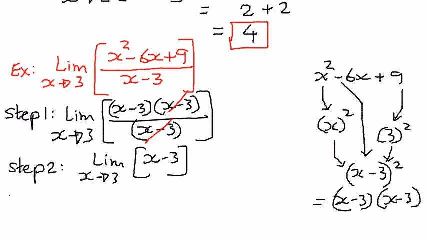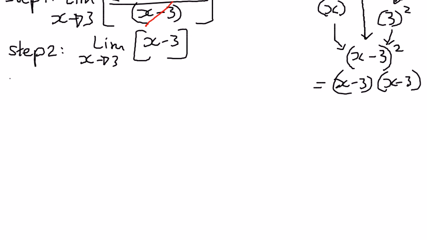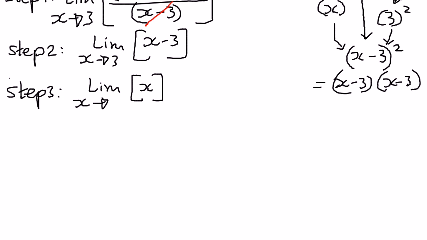So we can now write it out as individual limits and then find the value. As step 3, I'm going to break it down into the limit of the first function, which is x, as x approaches 3, minus the limit of the second part of the function, which is 3, as x approaches 3.